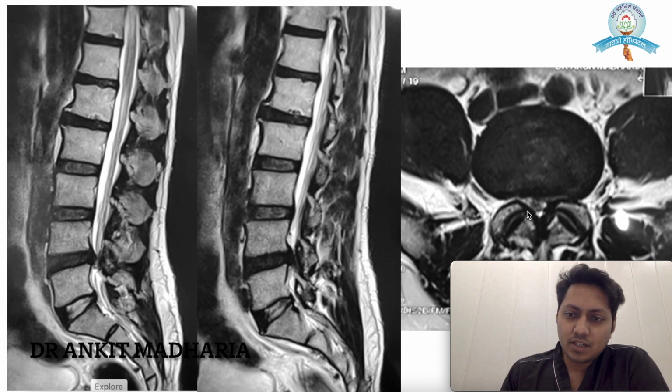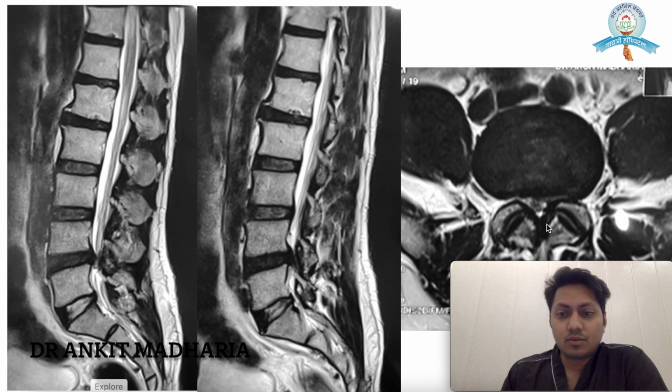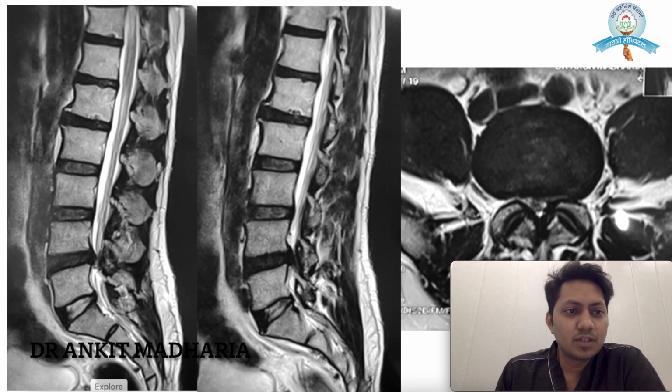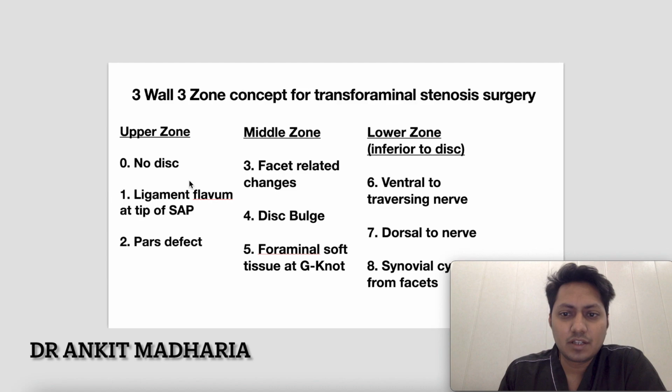The posterior structures like the ligamentum flavum are not much responsible for causing symptoms to the patient. So by going through that concept, my plan would be just to decompress this part of the disc. I'll be removing this part of the disc, as well as working on the facets.